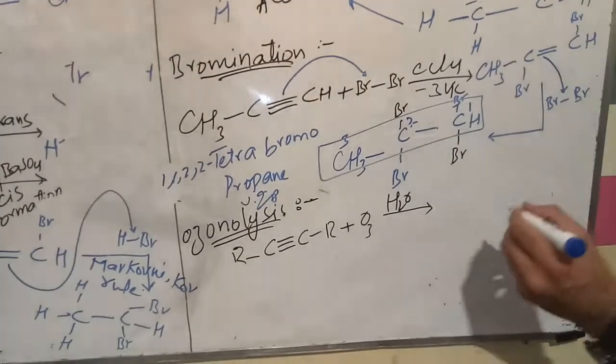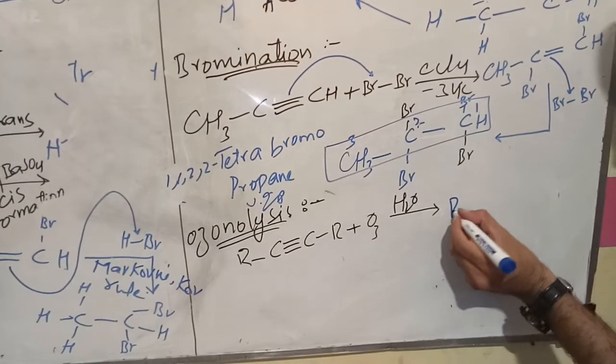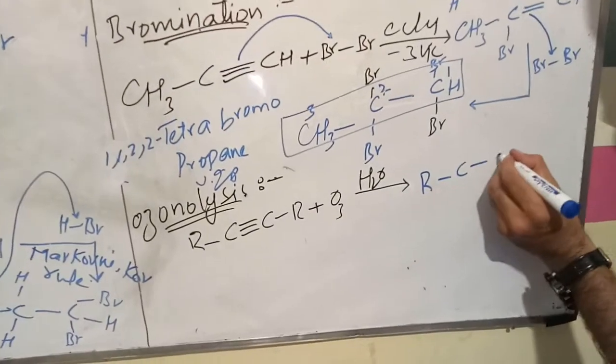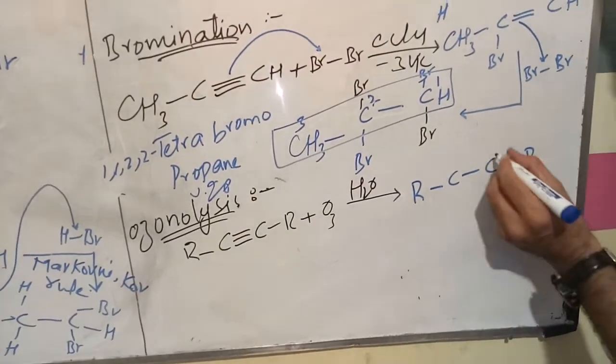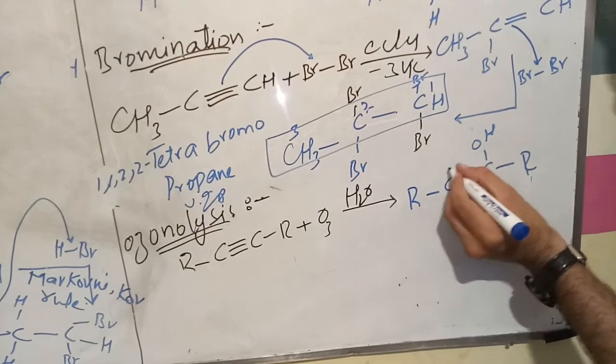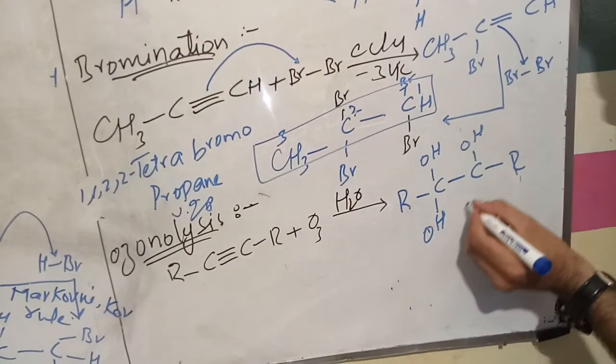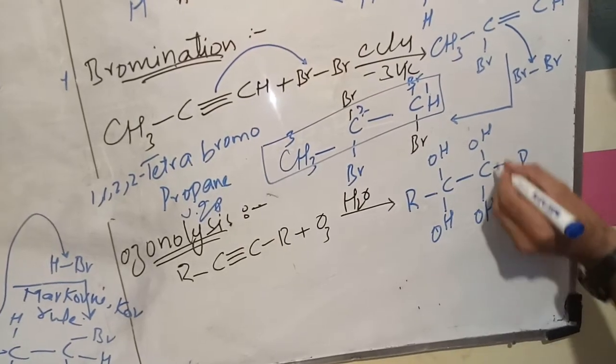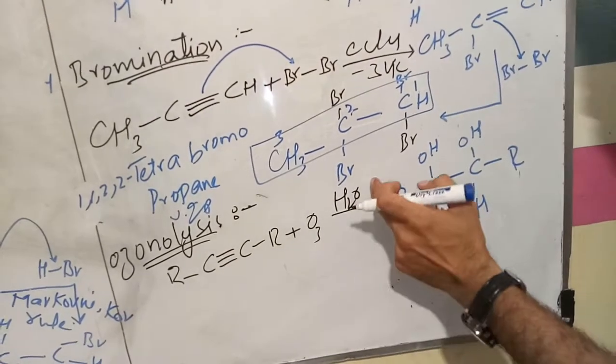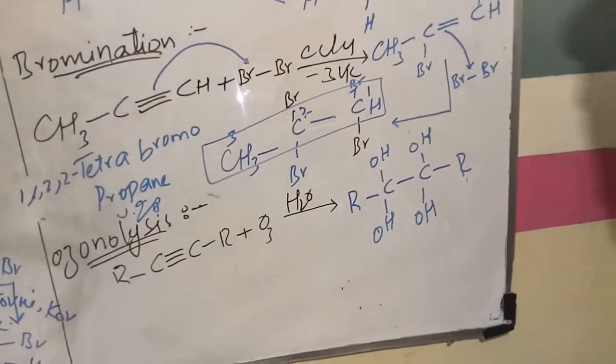As a result, first this situation will create R, C single bond C single bond R, with OH, OH, OH and OH. By mixing ozone with water, we get these 4 moles of hydroxyl group.